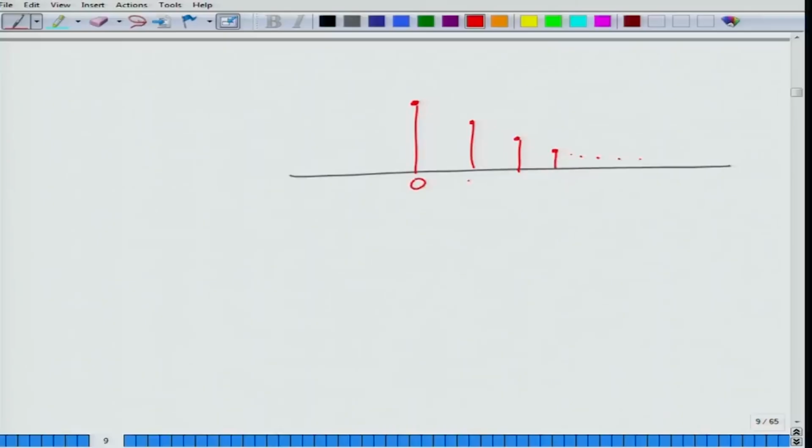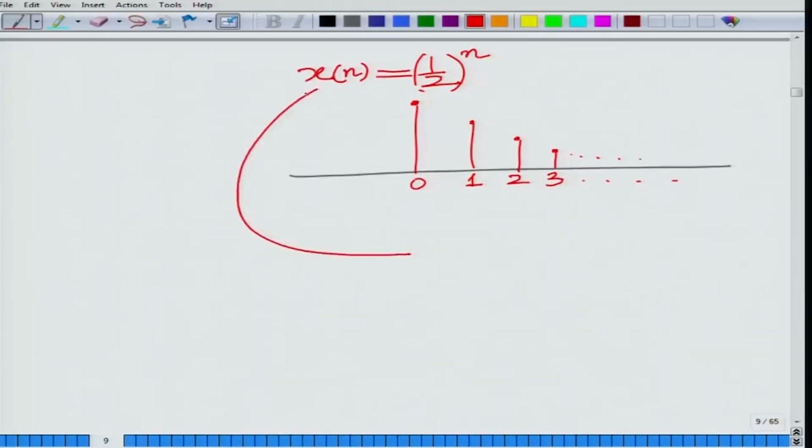So, this is 0, 1, 2, it is a decreasing exponential, half to the power of n. Again, this is another discrete time signal. It goes without saying that it is defined only at discrete time instants, therefore it is a discrete time signal.